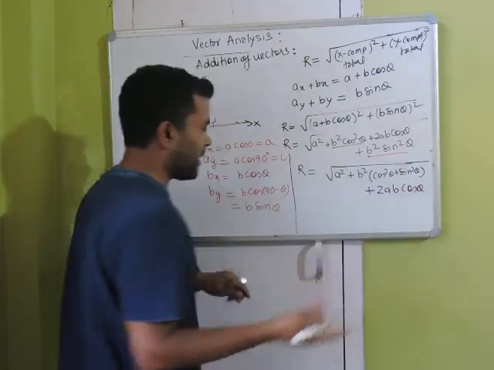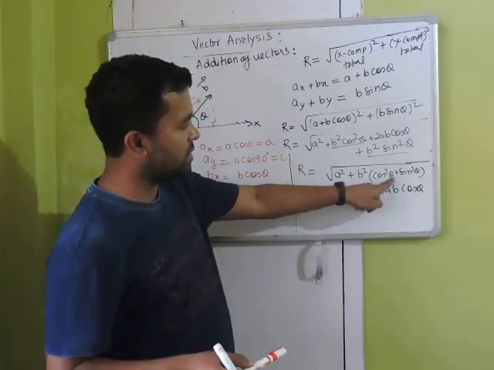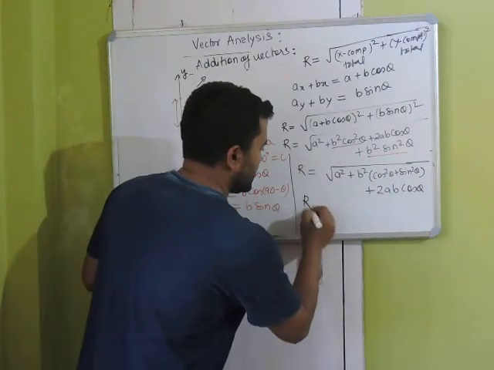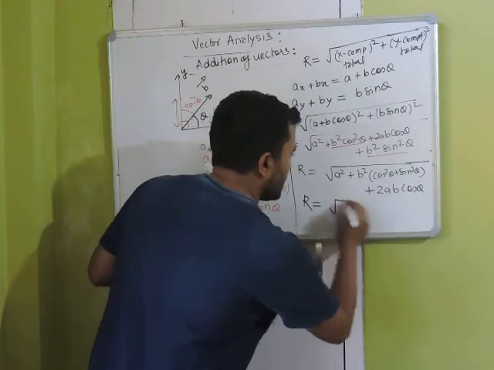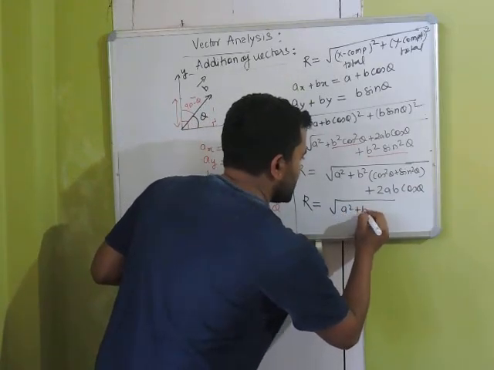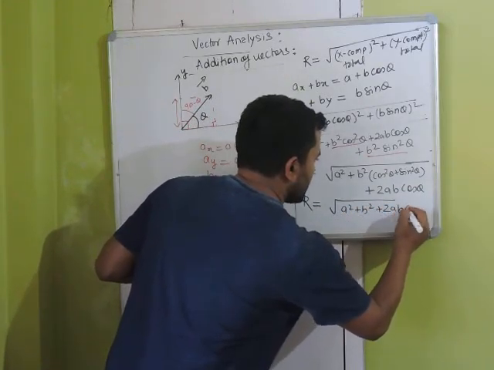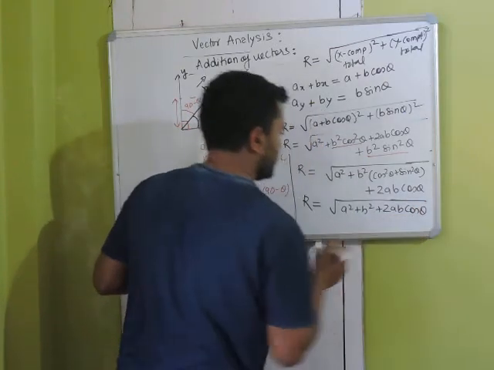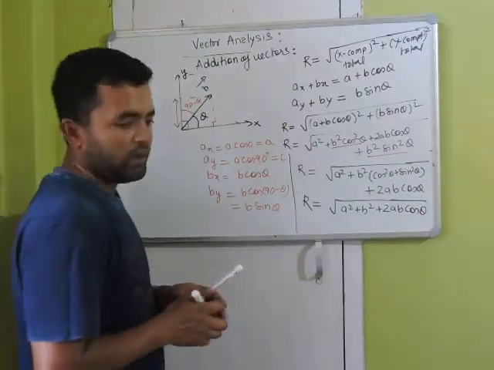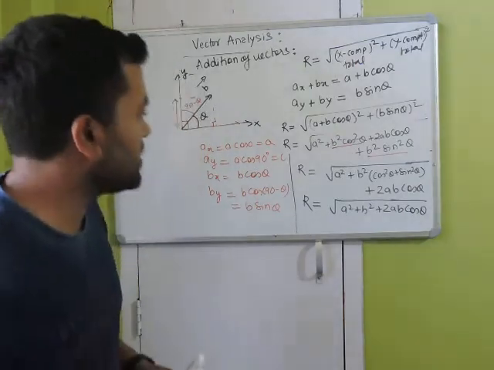Now using the trigonometric identity, you know that this is equal to 1, so the resultant is the square root of A square plus B square plus 2AB cos theta. This is the magnitude of the resultant.